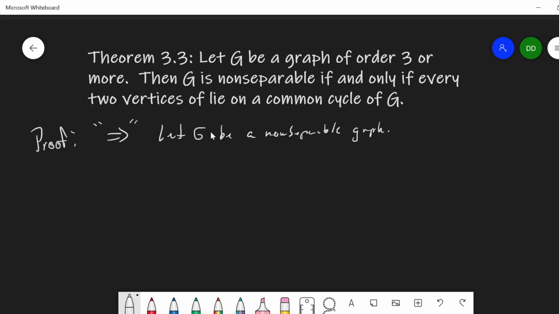What I'd like to show is that every two vertices lie on a common cycle. So let's try contradiction on this. Let's assume there are two vertices that don't lie on a common cycle and come to some sort of contradiction. So assume to the contrary.